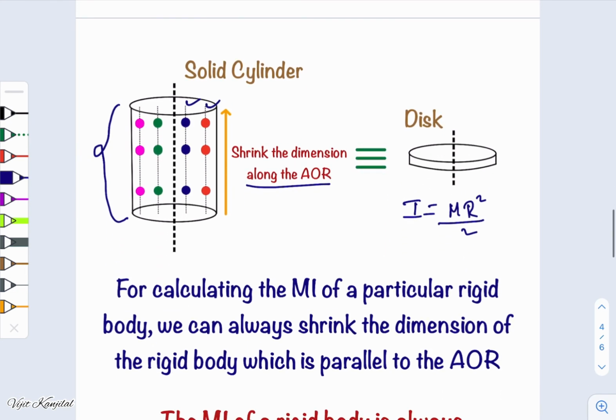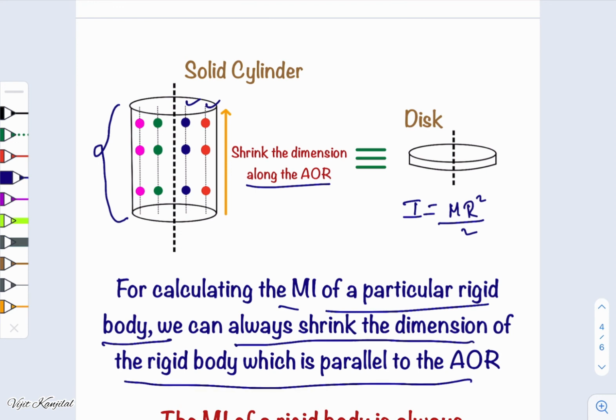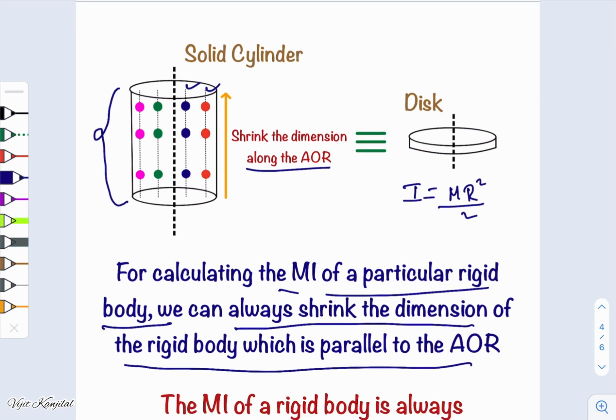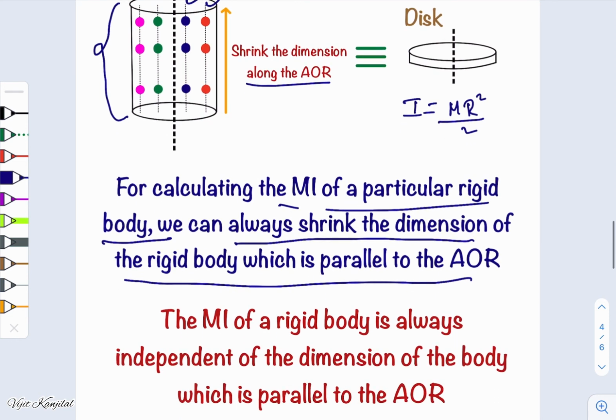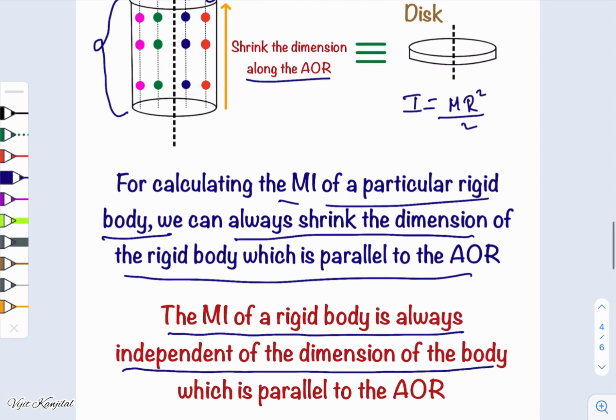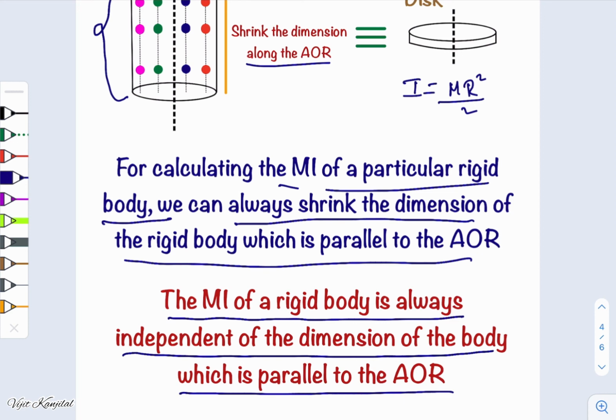So we can say that for calculating moment of inertia of a particular rigid body, we can always shrink the dimension of the rigid body which is parallel to the axis of rotation. We can also state this particular statement in a different manner. As we can completely shrink the dimension which is parallel to the axis of rotation, we can say that the moment of inertia of a rigid body is always independent of the dimension of the body which is parallel to the axis of rotation.